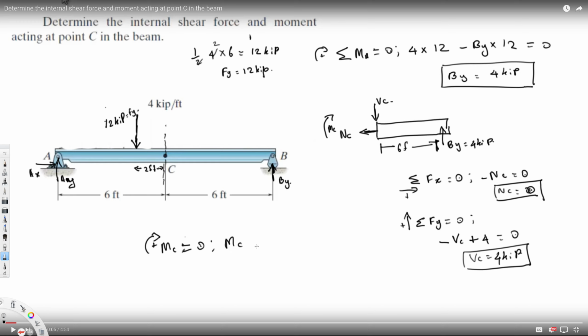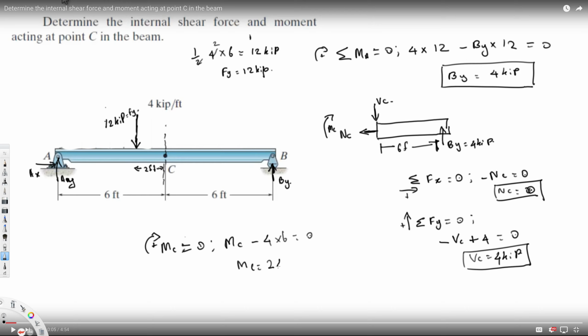It's pushing this object counterclockwise. Therefore it's negative 4 times 6, which is equal to 0. From this I can say MC is going to be equal to 24. So MC is equal to 24.